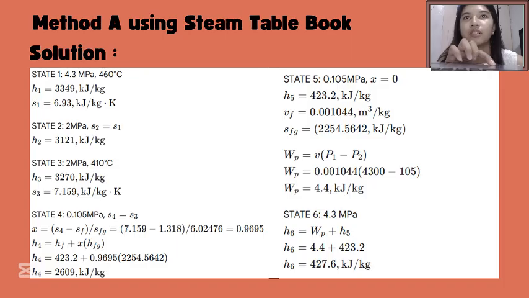Let's examine the condition at each significant state within the cycle. At state 1, the inlet to the high-pressure turbine, we have a pressure of 4.3 MPa and a temperature of 460. From the steam table, this gives us an enthalpy of 3,349 and entropy of 9.93.